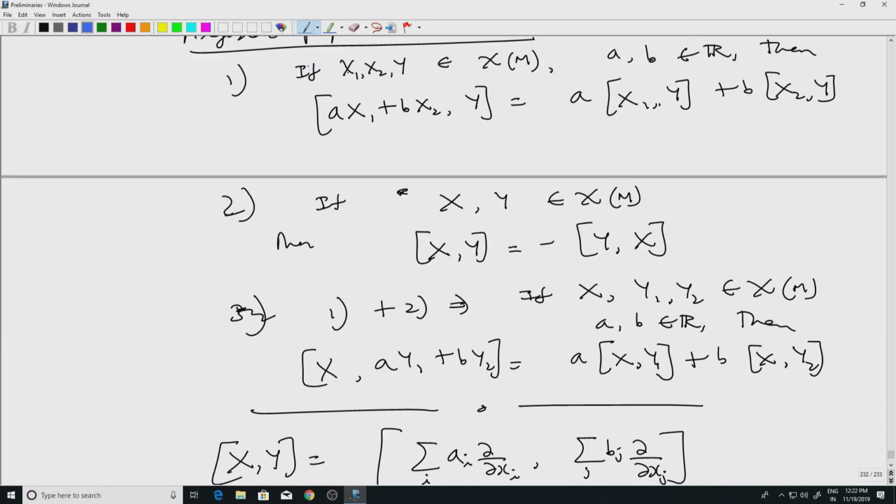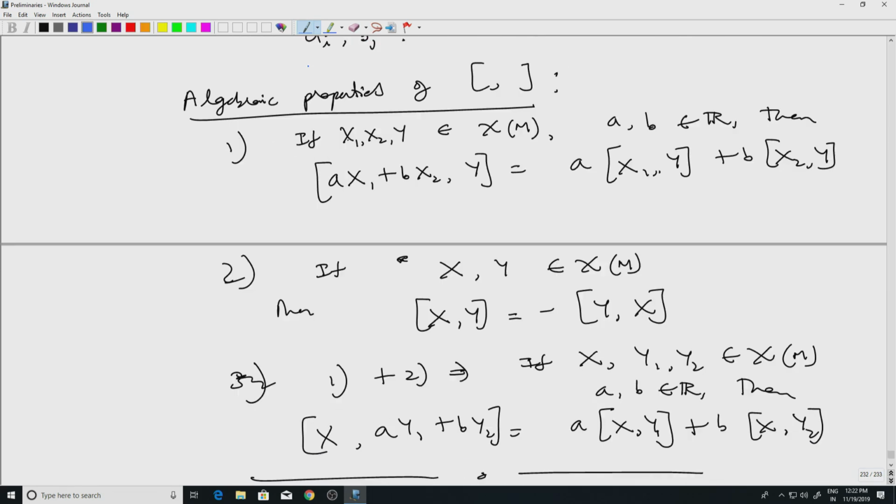So last time, towards the end of the last class, I'd talked about the simple algebraic properties that the Lie bracket is bilinear, in the sense that if I fix one vector field, it's linear in the other slot.